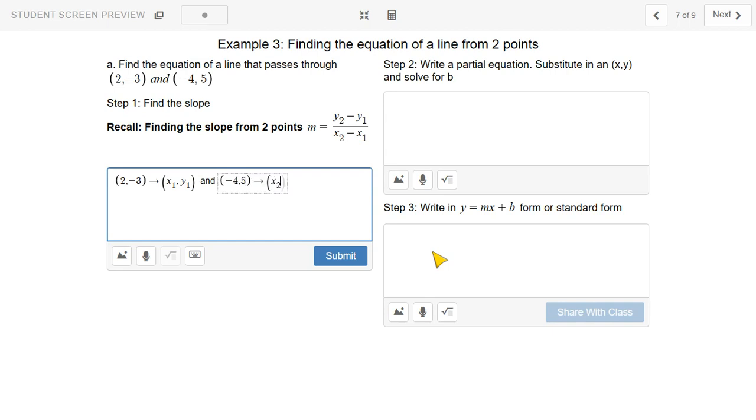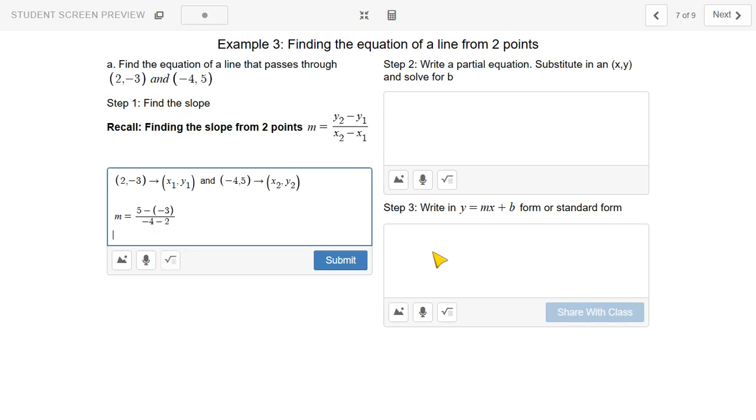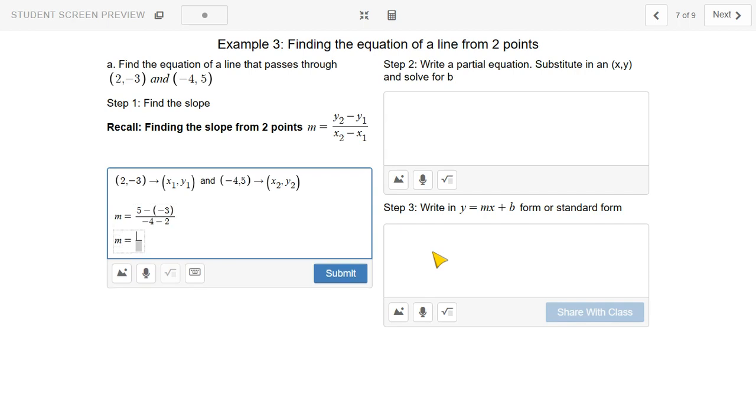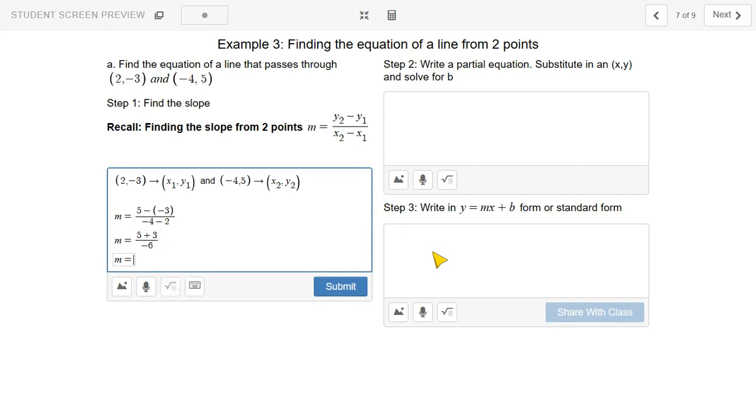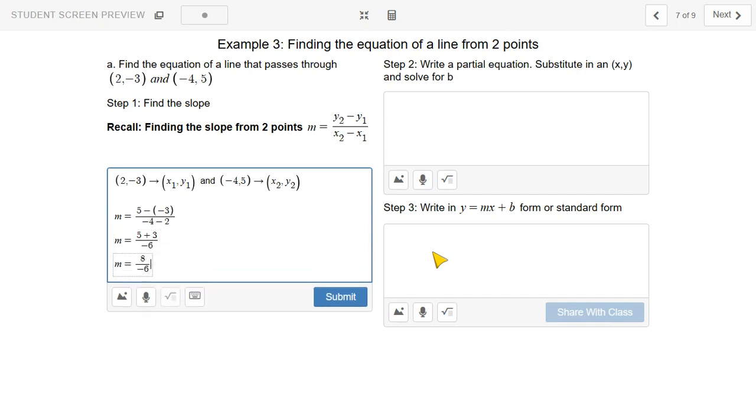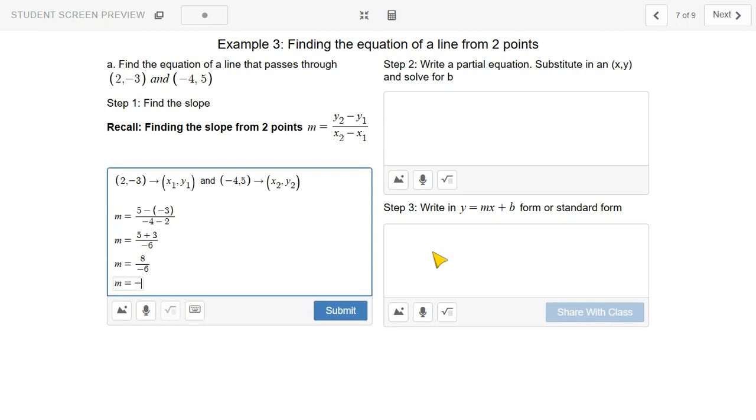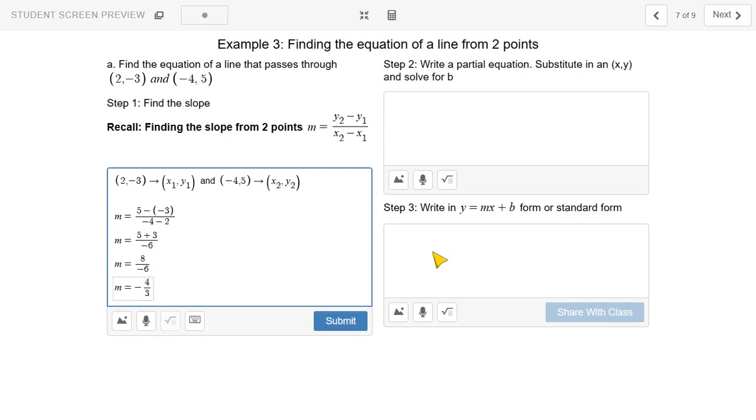This is our x2 and y2. So our slope, we have 5 minus negative 3, and we have negative 4 minus 2. Let's simplify. 5 plus 3 is over negative 6. M is equal to 8 over negative 6, and we can reduce that to negative 4 over 3.